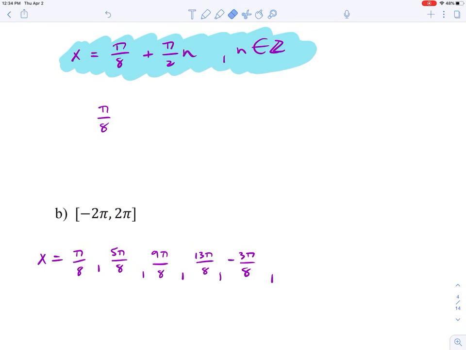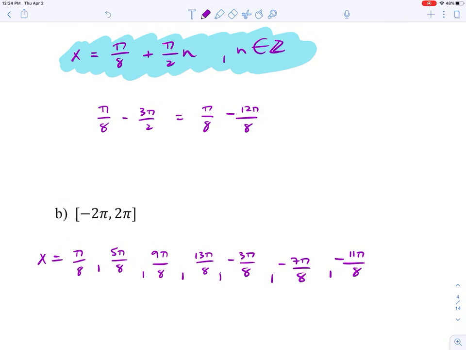If n were equal to negative 2, that would be minus pi, or minus 8 pi over 8, which would be negative 7 pi over 8. If n were equal to negative 3, that would be pi over 8 minus 3 pi over 2, which would be pi over 8 minus 12 pi over 8, or negative 11 pi over 8.